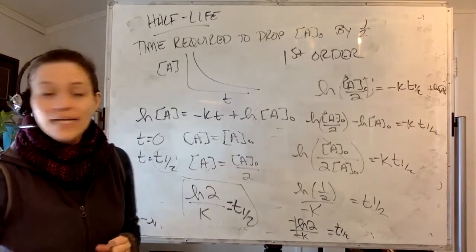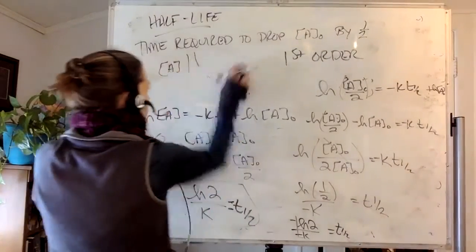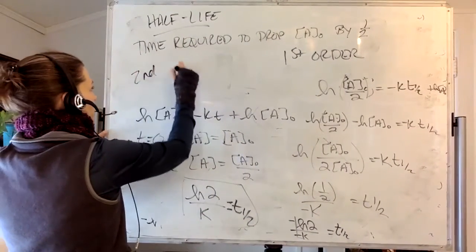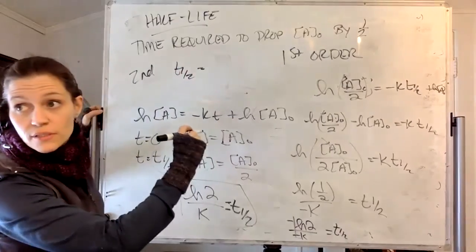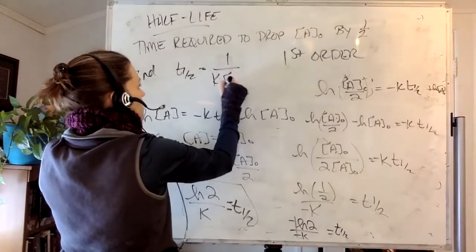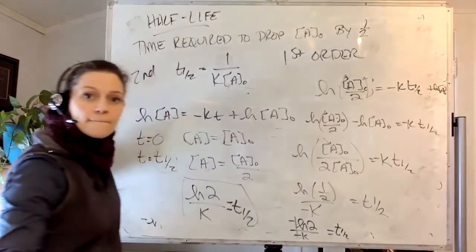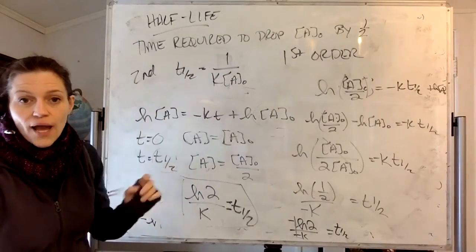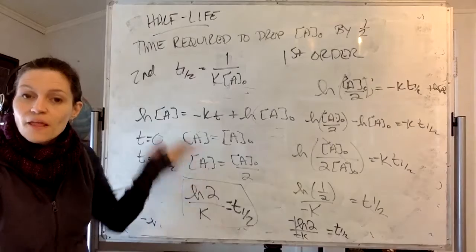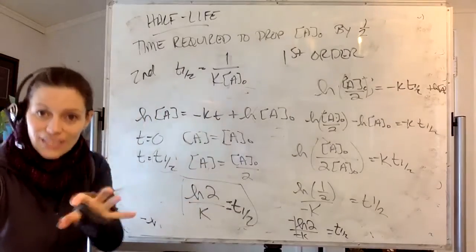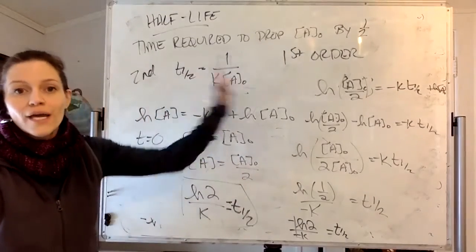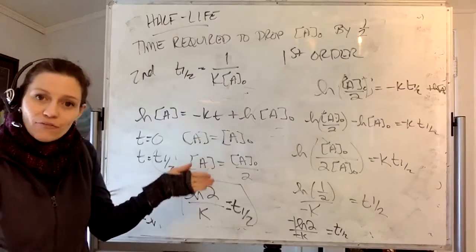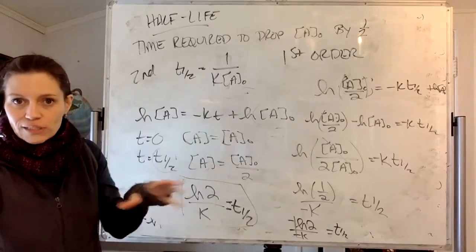So for second order, t1/2 equals 1 over k times the concentration of A0. So the half-life for a second order reaction is dependent on the initial conditions, whereas first order is not dependent. The uniqueness of the different types of ordered reactions and the way that their kinetics moves forward is challenging because you have to make sure you're taking everything into account when you're describing your system.